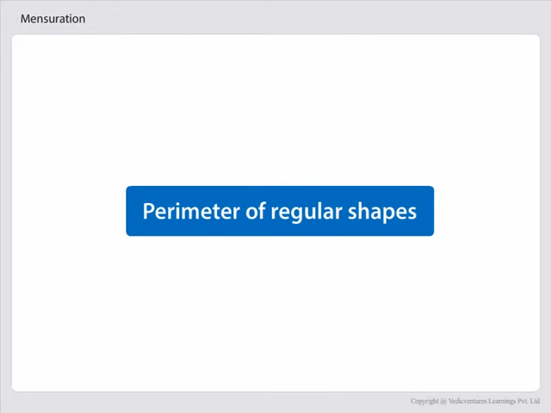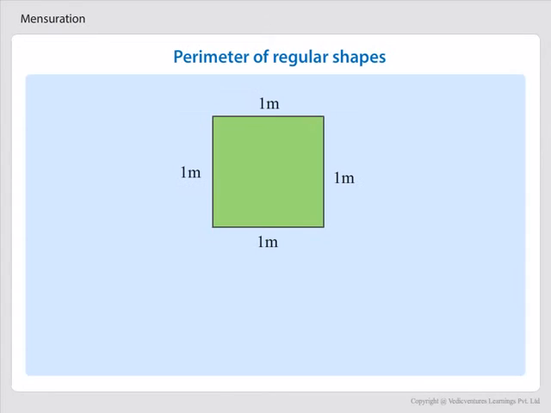Now we will discuss perimeter of regular shapes. Suppose Ram wants to put colored tape all around a square picture of side 1 meter as shown. What will be the length of required colored tape?